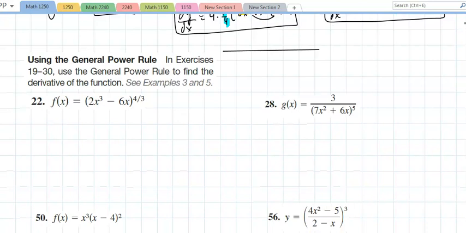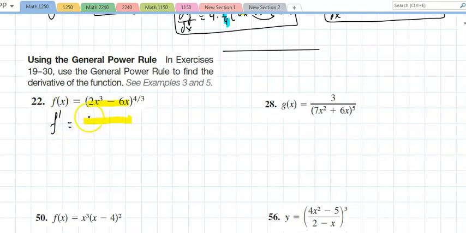Here's one. If I glance at this, do you see the inside most function is this? So when I take a derivative, I'm going to leave this alone. I'm going to leave the 2x cubed minus 6x alone. I'm going to take a derivative of something raised to a power. You bring the power down, subtract: 4/3 minus 1 is 1/3, times the derivative of the inside.